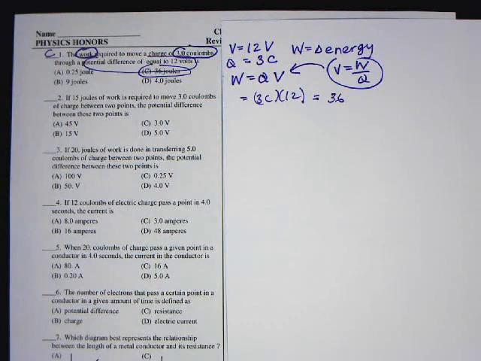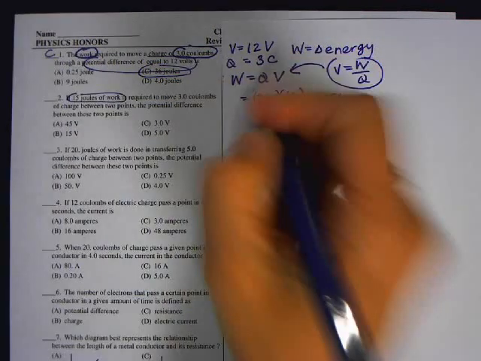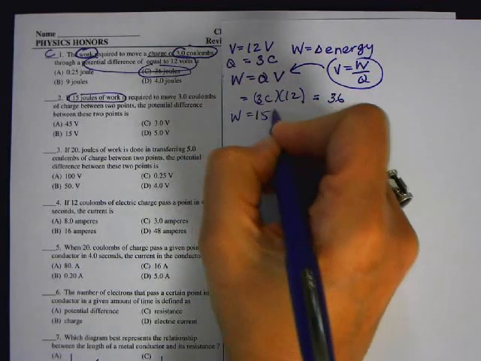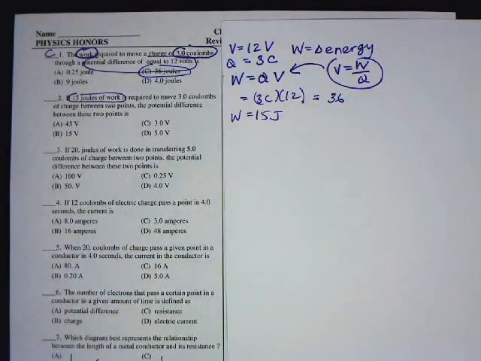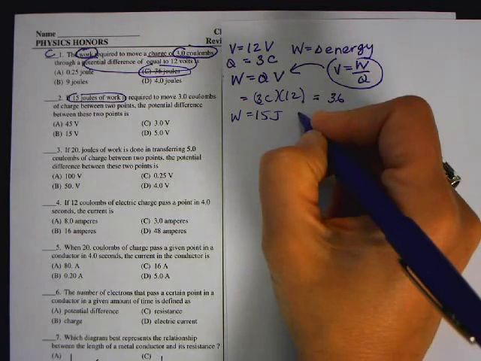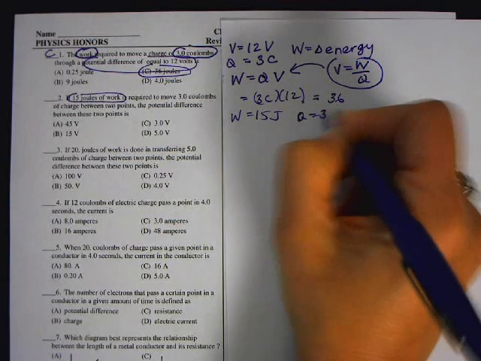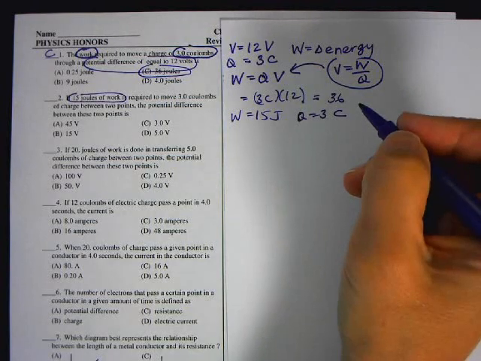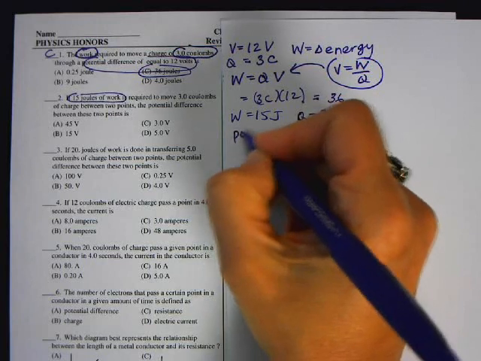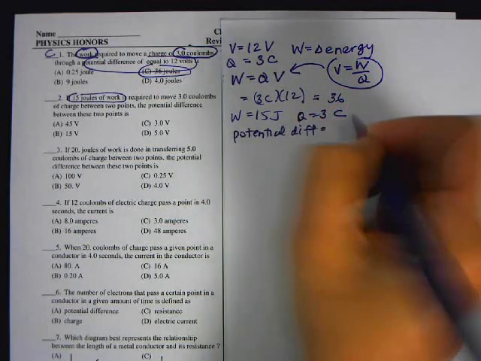Number 2, if 15 joules of work, so W is equal to 15 joules, is required to move 3 coulombs of charge between 2 points, the potential difference. So remember, potential difference is the voltage drop.